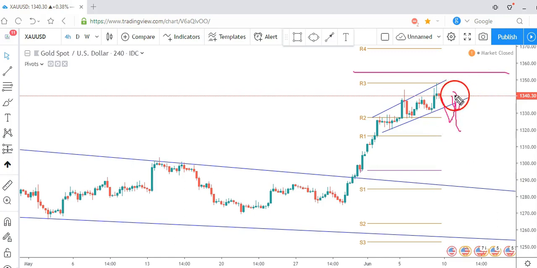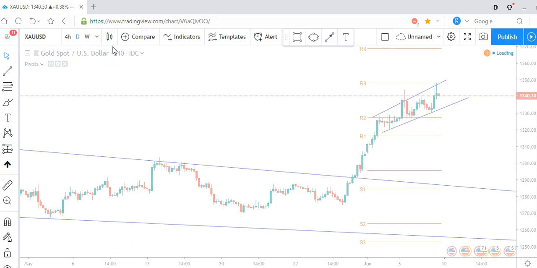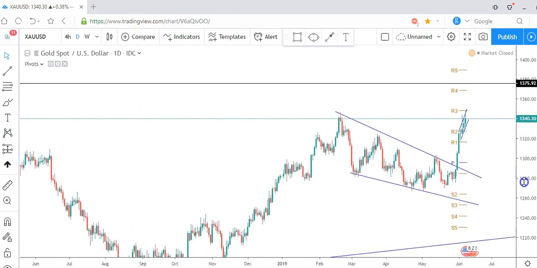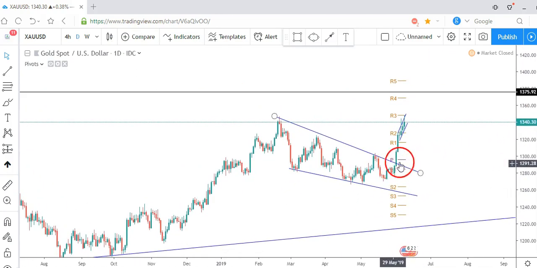If you are taking your trade from here, your first target will be at the R1, and your final target, if you are a swing trader like me, will be at the R2 for that particular move.